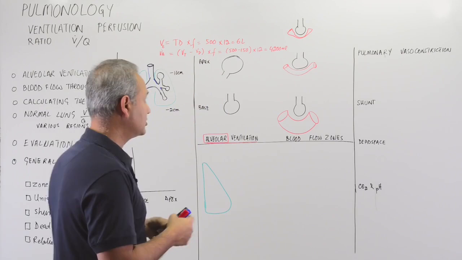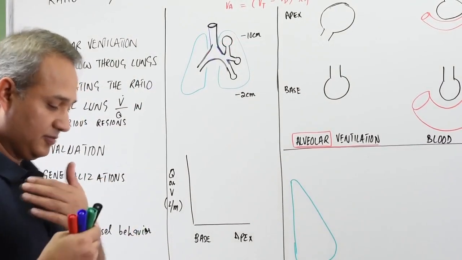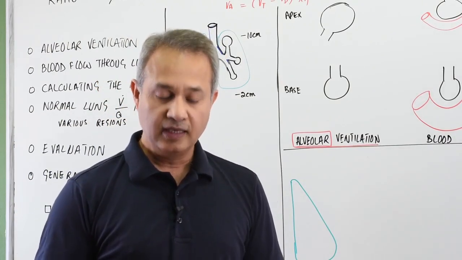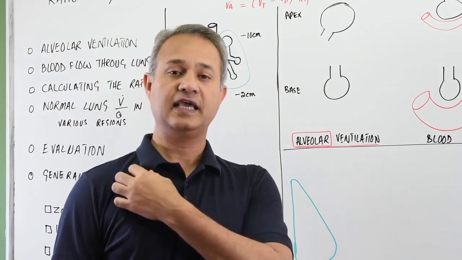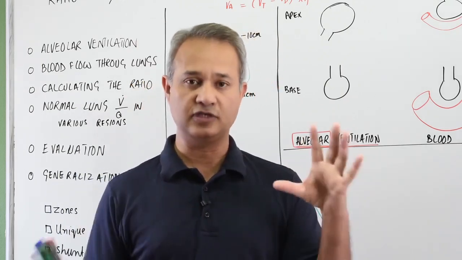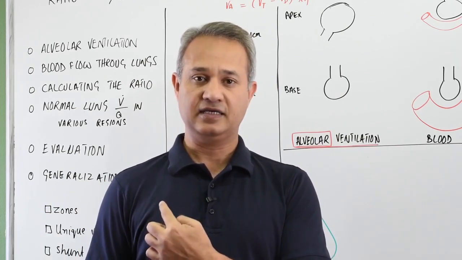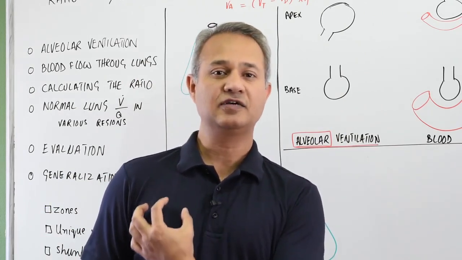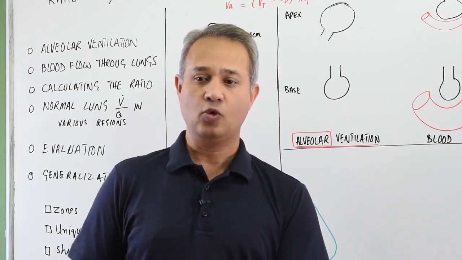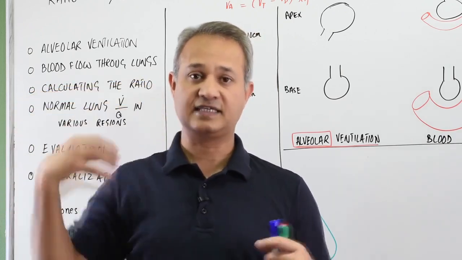So let's talk about the ventilation itself: what is the difference between the apex and base? When a person is standing, and we're not talking supine, where almost the whole lung is the same, don't you think the lung tissue is going to be trying to fall down while the pleura is keeping it hung up in the chest cavity?